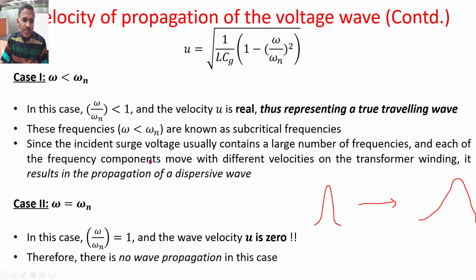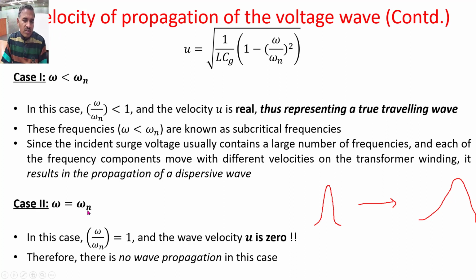Therefore, they will travel with different velocities, and ultimately the wave disperses. This kind of propagation is dispersive wave propagation, which results if omega is less than omega n. Omega is the frequency of the impinging wave.